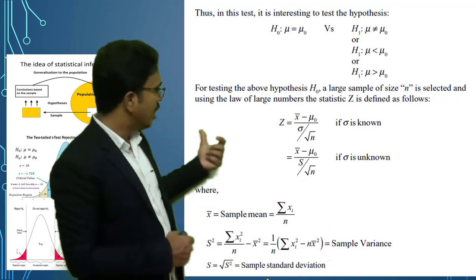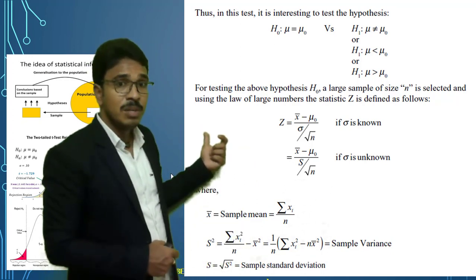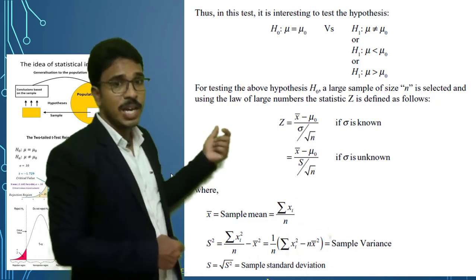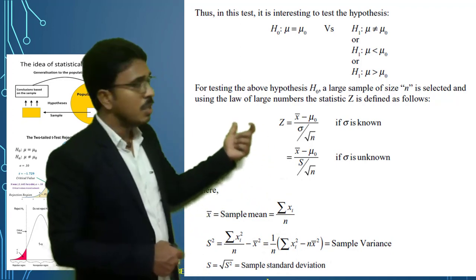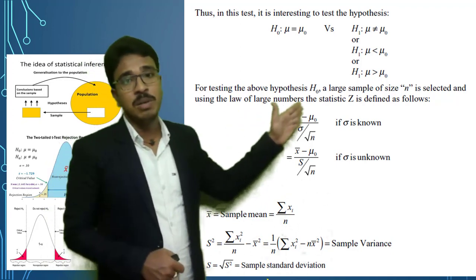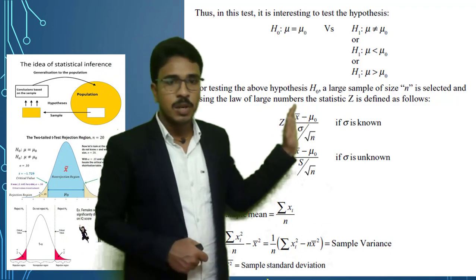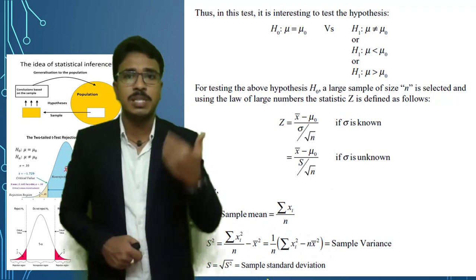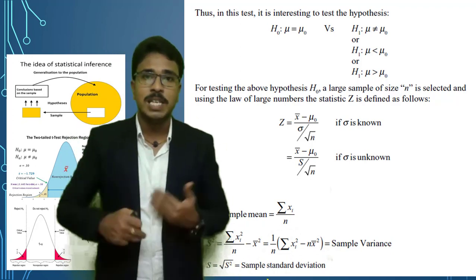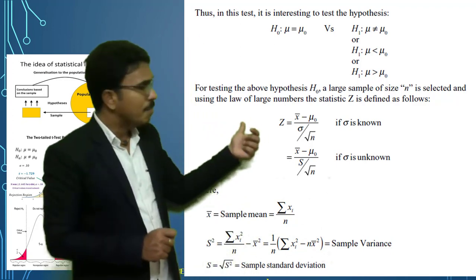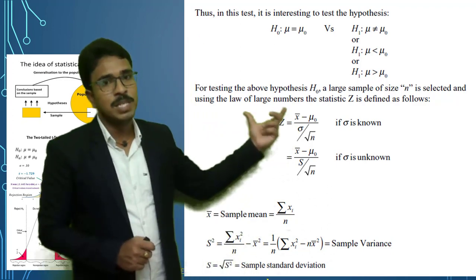In order to find this S value, from S square we have to find S, that is 1 by n into the summation of xi square minus n into x bar square. If the S value is directly given, we can substitute the same value in the formula. If it is not given directly, and you are given only the sample size and the mean, you can find the S value from this formula.